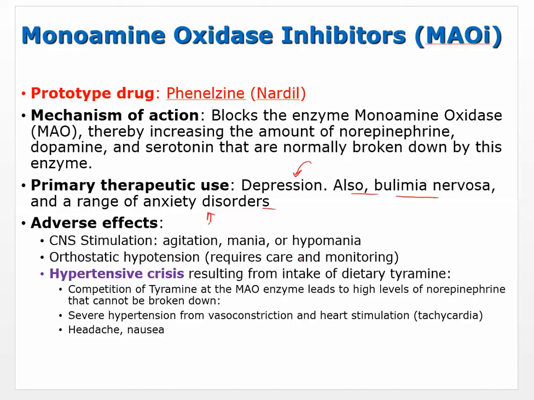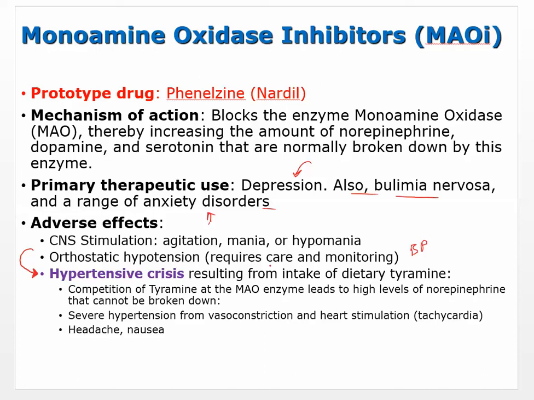Orthostatic hypotension requires care and monitoring. This could be a blood pressure issue, so lower blood pressure. But where we're really concerned, and this is really one of the main things that keeps psychiatrists and nurse practitioners from prescribing it as much, is because it can lead to hypertensive crisis if the people eat the wrong thing.